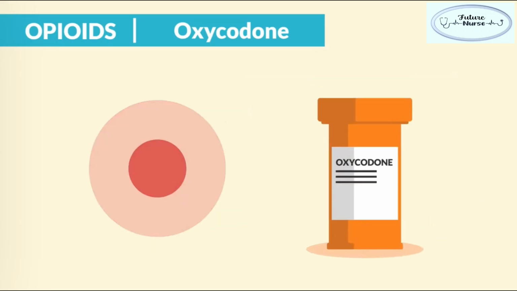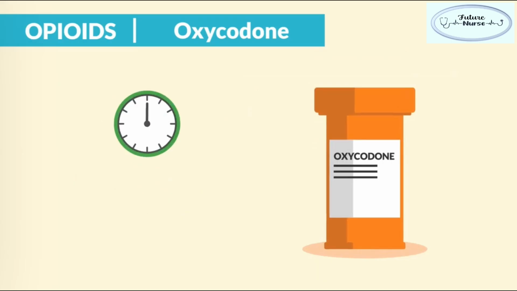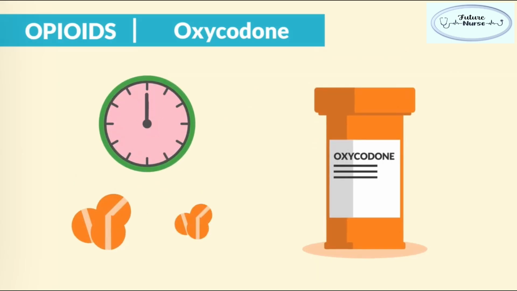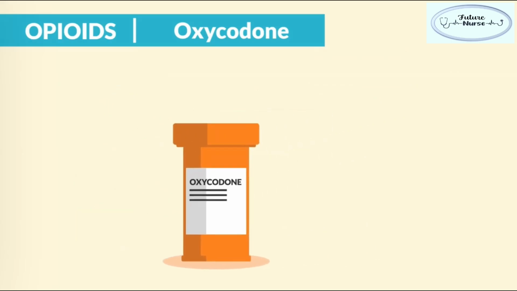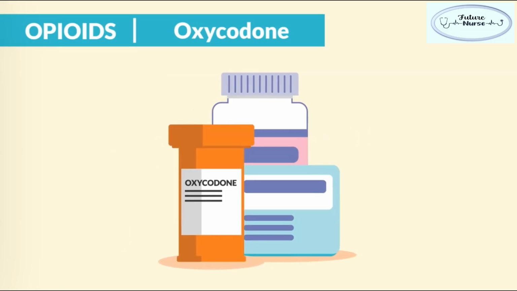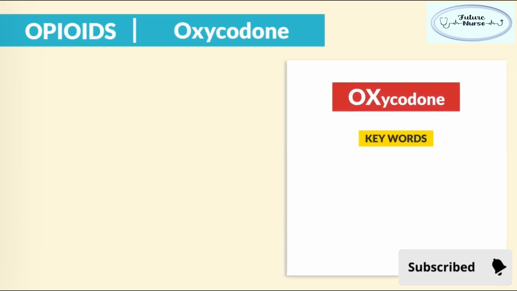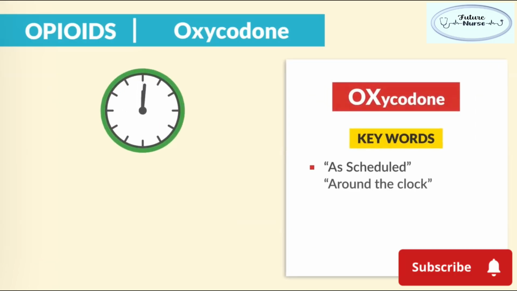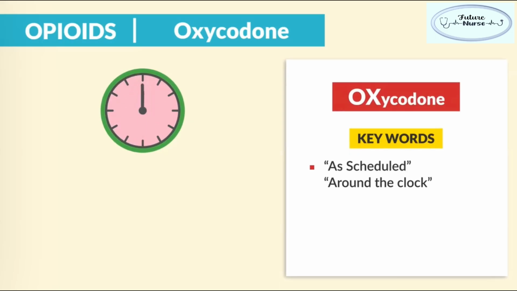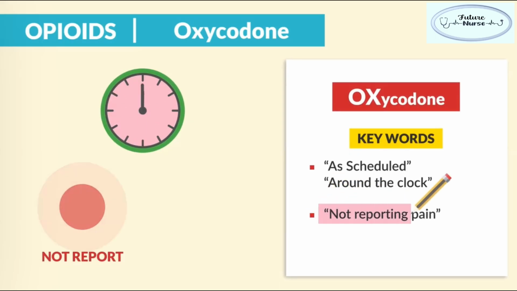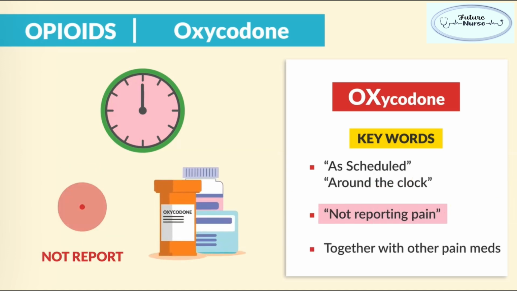There's a slower onset and extended release, usually over 12 hours, so we give it twice a day. And yes guys, we administer it together with other pain meds. So keywords to write down: we give it as scheduled around the clock. Big one right here, even if not reporting pain. And we commonly give it together with other pain meds.